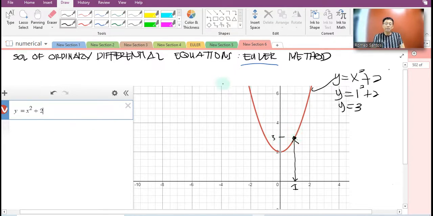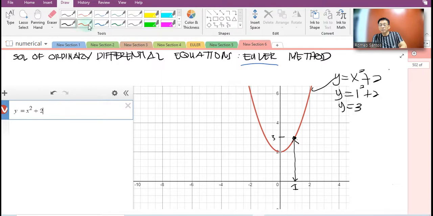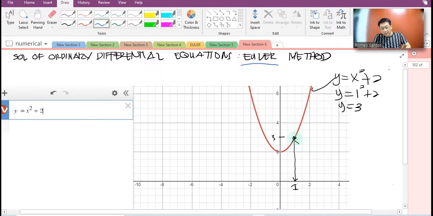Now, what we are going to determine is the slope at x equals 1, or y equals 3. At x equals 1, what is the slope?